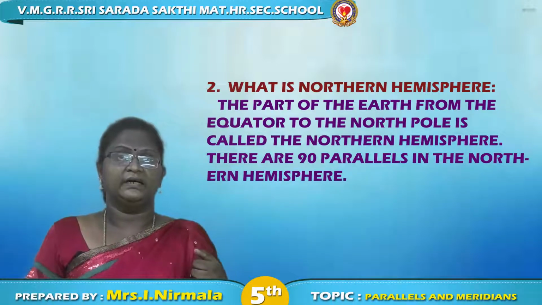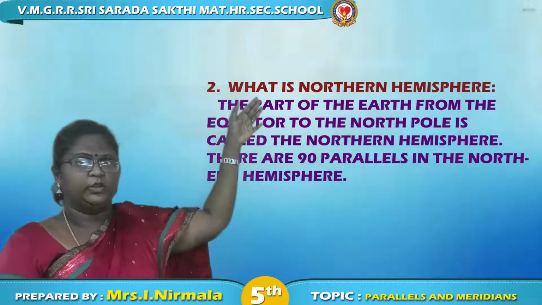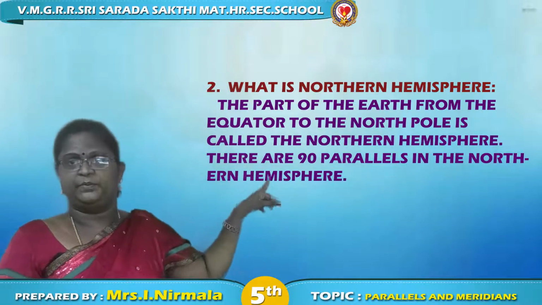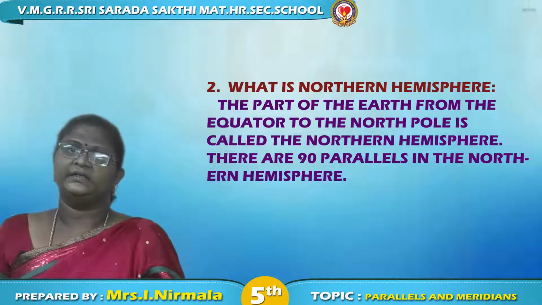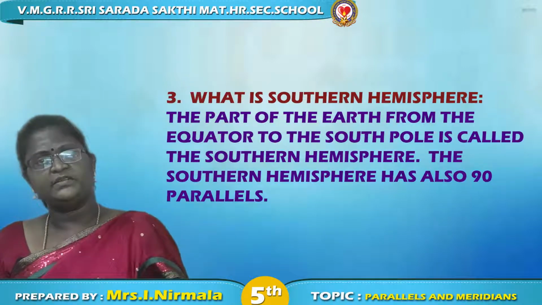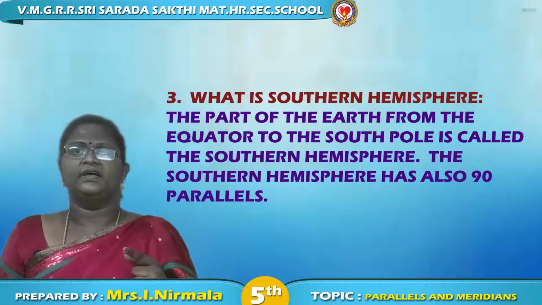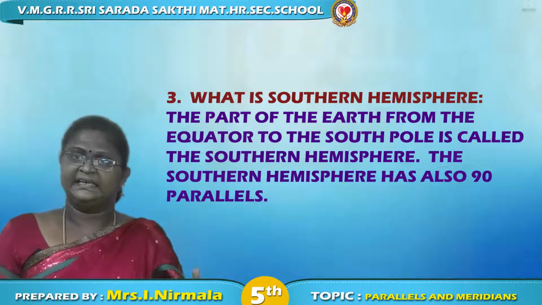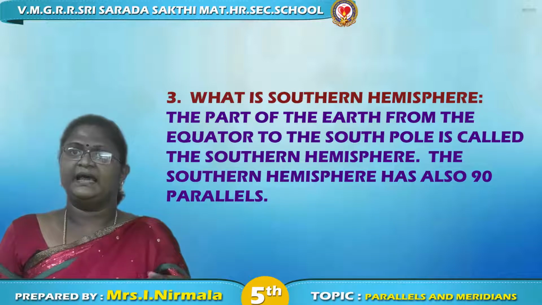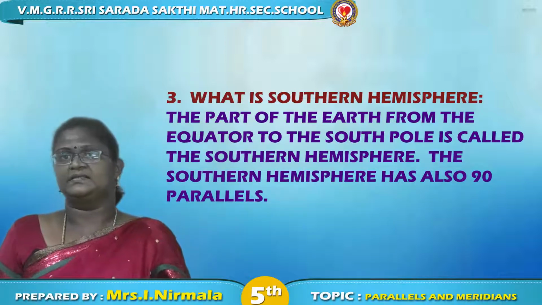The part of the earth from the equator to the north pole is the northern hemisphere. There are 90 parallels in the northern hemisphere. What is the southern hemisphere? The part of the earth from the equator to the south pole is called the southern hemisphere. The southern hemisphere also has 90 parallels.